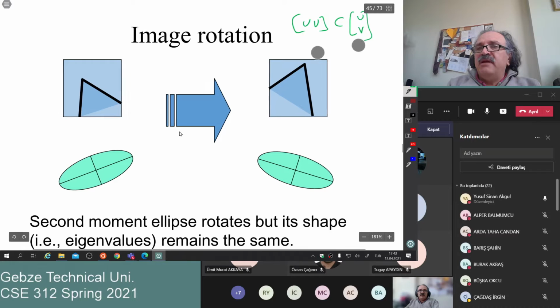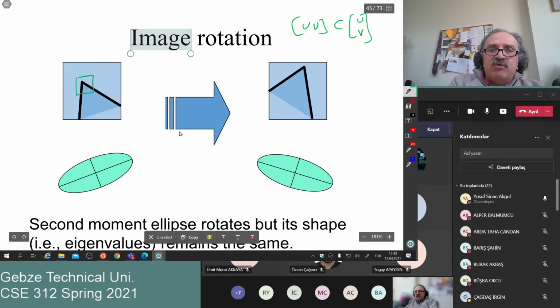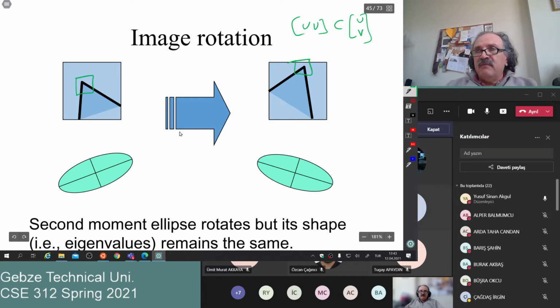This is an ellipse formula. The ellipse formula that I am going to get for this part of the image and for that part of the image will only differ with respect to their angles. Okay, their lambda values, that's the small radius and the large radius, will be the same.